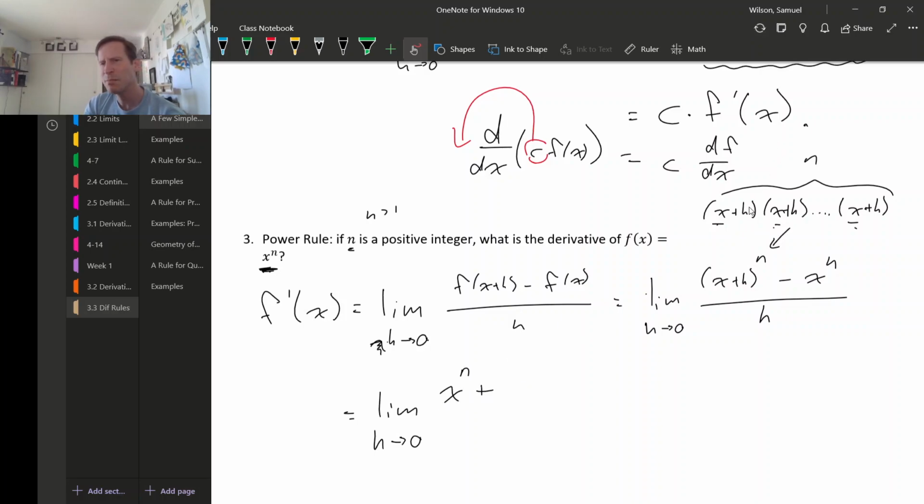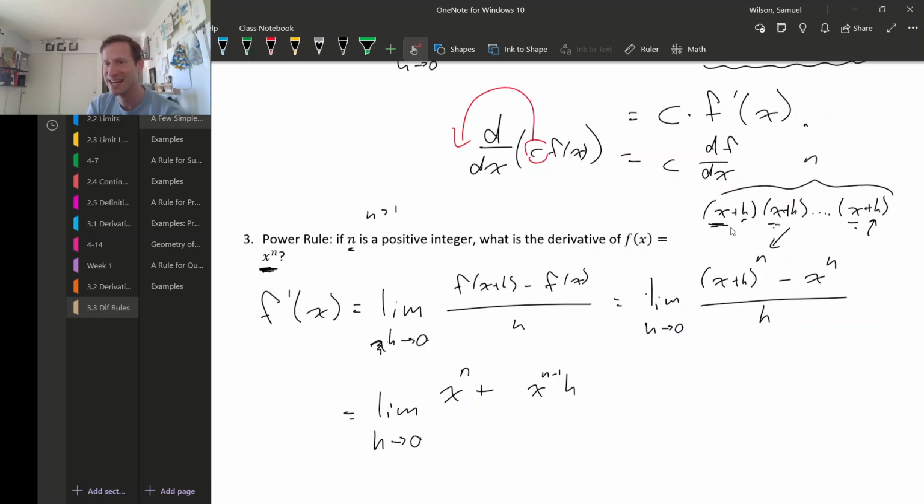Okay, what about all of the terms that you can get by choosing only one h? Well, there's x times x times x times x all the way up to the last one, but then in the last one you choose h. So that's one way to get x to the n minus 1 times h. But there are other ways to get x to the n minus 1 times h. So we could choose an h in the first term and then all of the x's.